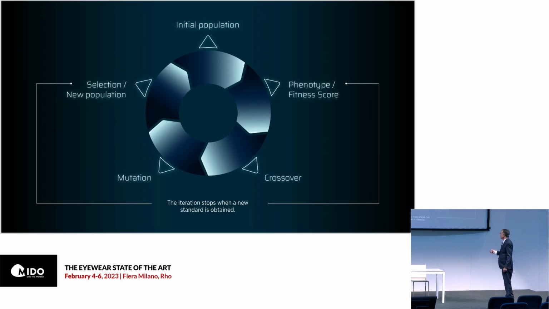Then we apply the mutation, and then we have a new population. The new population has the parents and the children, the offspring. So what I do is calculate the fitness score and decide which ones are the best.